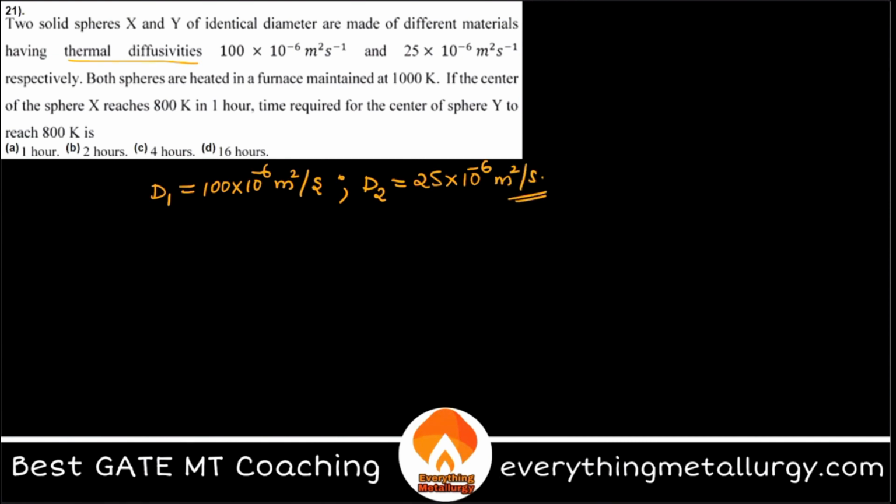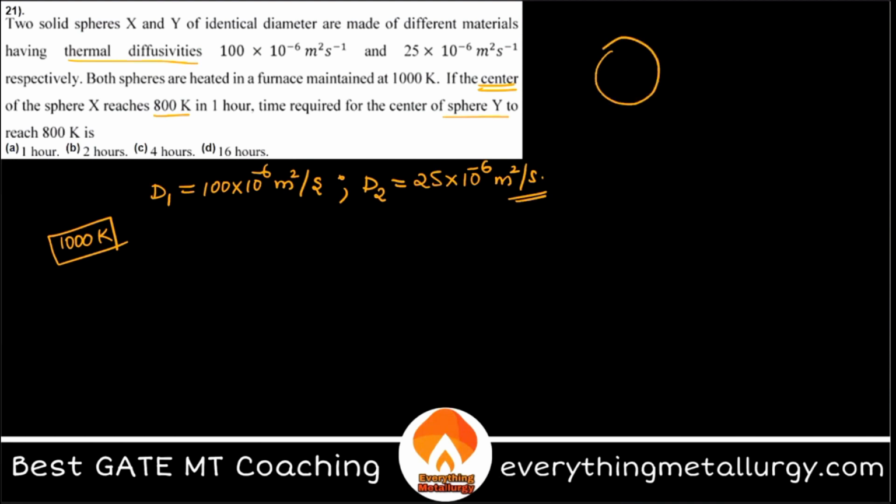Both spheres are heated in a furnace maintained at 1000 Kelvin. If the center of sphere X reaches 800 Kelvin in 1 hour, what is the time required for the center of sphere Y to reach 800 Kelvin?